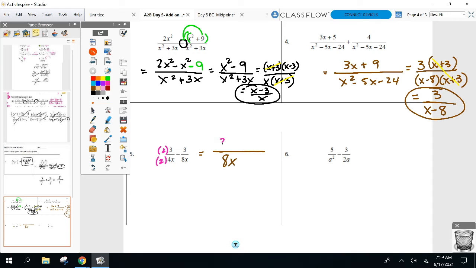So instead of putting a 3 here, what am I going to put? A 6, correct. So that's going to be a 6 on top. And I already took care of this. 2 times 4x gave me 8x. What do I need to multiply 8x by? Nothing, 1, right? So that's what I multiply the top by.